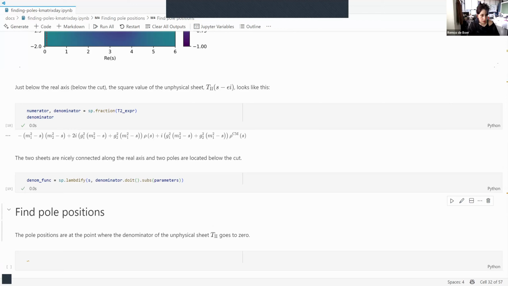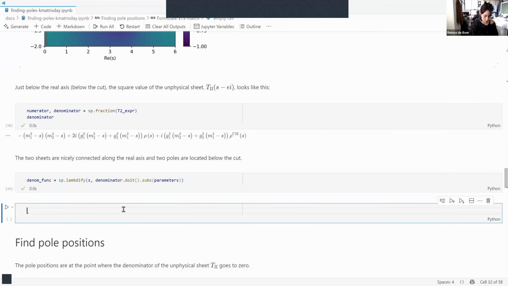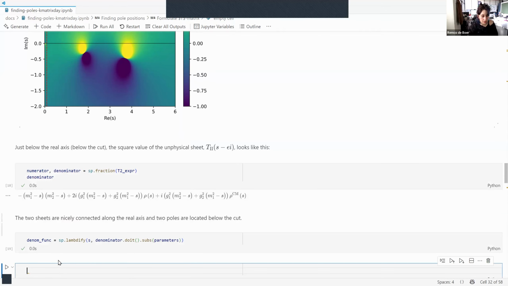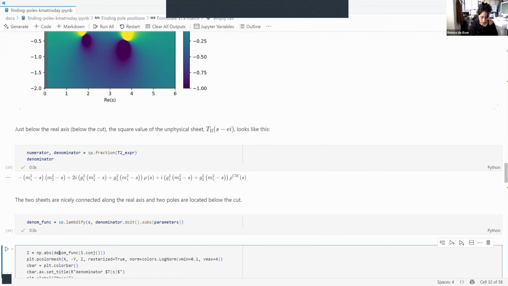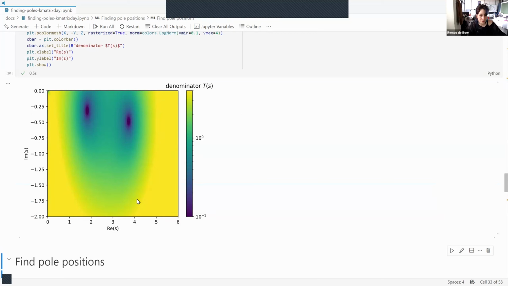First, maybe we plot the denominator. So I will plot this function first to verify that these pole positions really are equivalent to the zeros in the denominator. Okay, cool, looks good. This is a logarithmic scale, but still we see the same things.